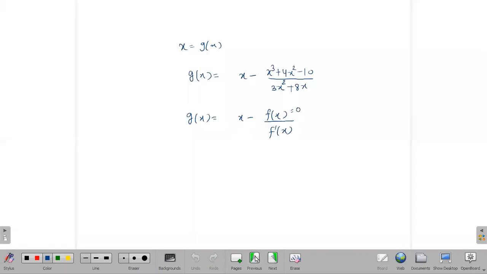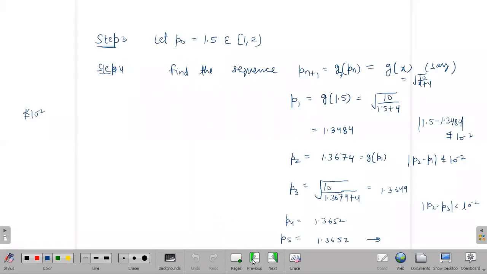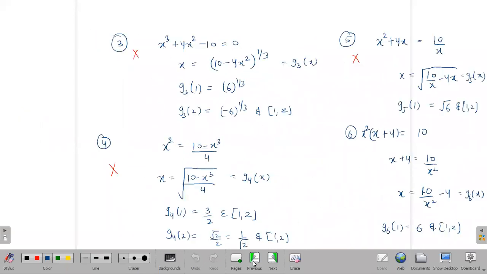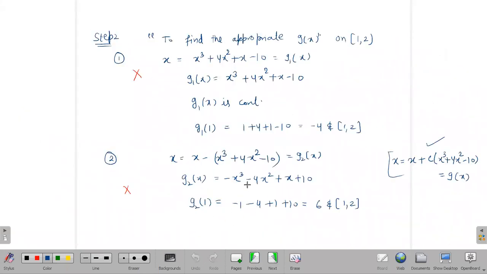Now, first of all, if I give you one example, means we have taken those g of x. So suppose we are taking the first step, that is g1 of x, that is x cube plus 4x square plus x minus 1. So it is not an appropriate g of x.